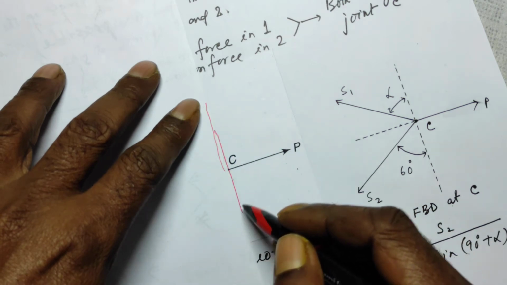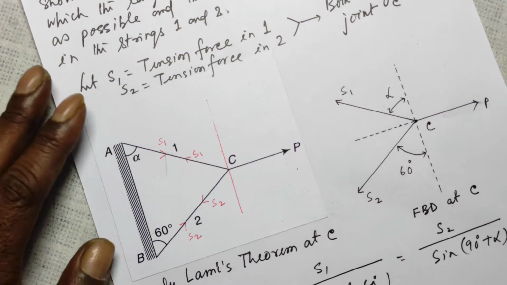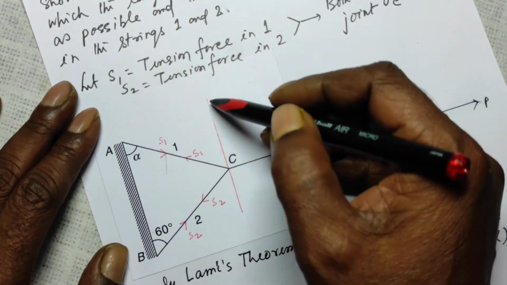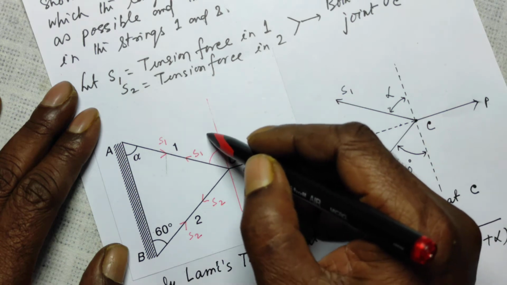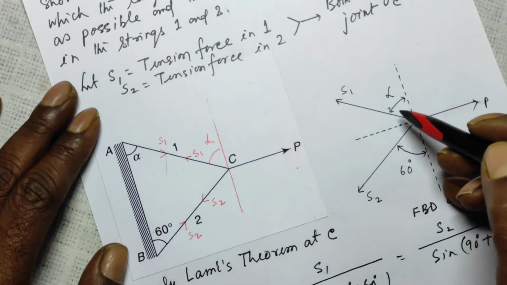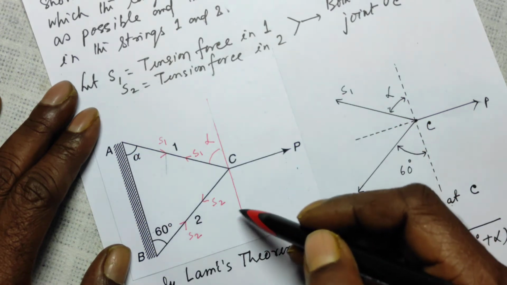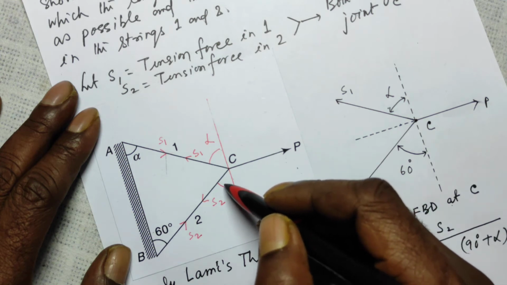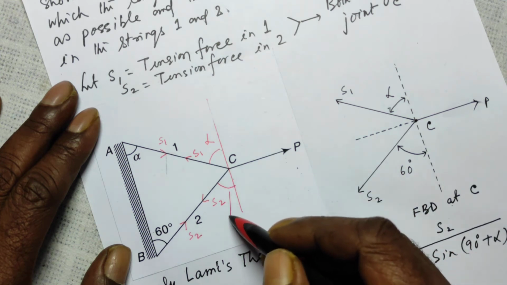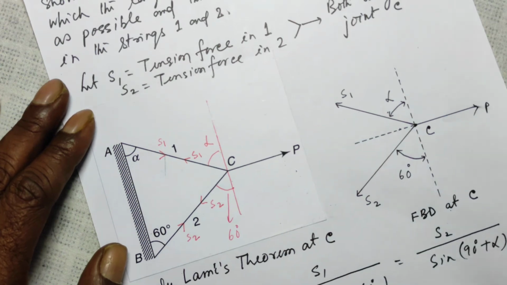This line is parallel to this line, and this is the transversal, so this angle will be alpha. That is what I have shown here in the free body diagram. This line is parallel to this, and this is the transversal. This is 60, so this will also be 60 degrees, which I have redrawn for you here.